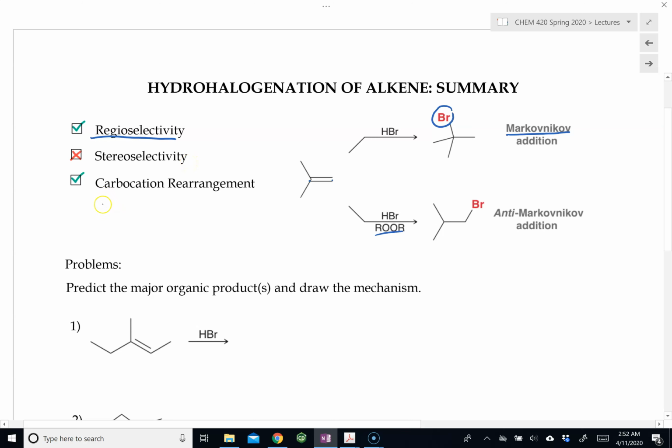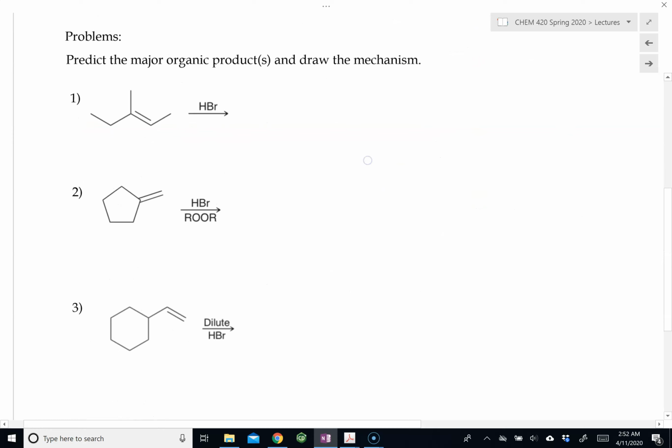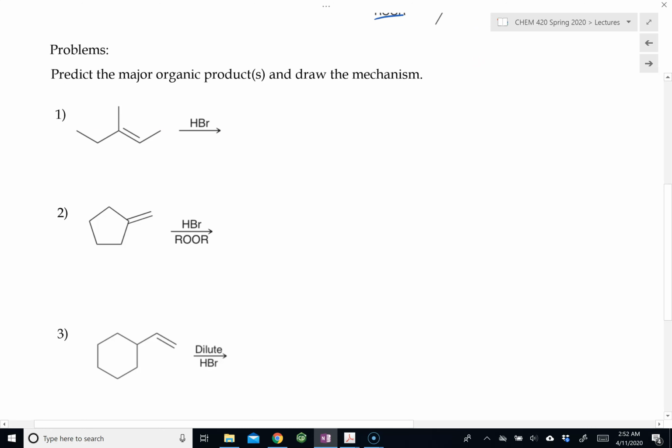And there will be carbocation rearrangement in a hydrohalogenation reaction if it's possible for the carbocation to rearrange to produce a more stable carbocation. And now let's try some of these problems right here. So predict the major product and draw the reaction mechanism. So in this case right here, we will see the hydrogen and the bromine will be added to the double bond.